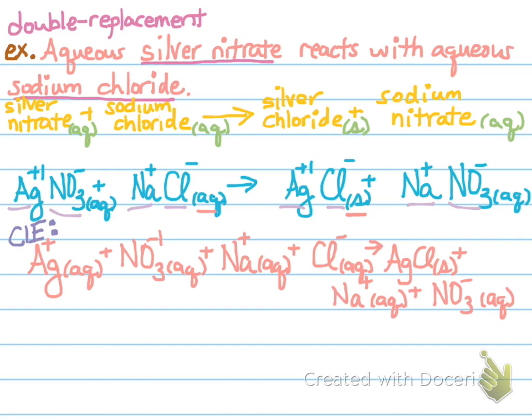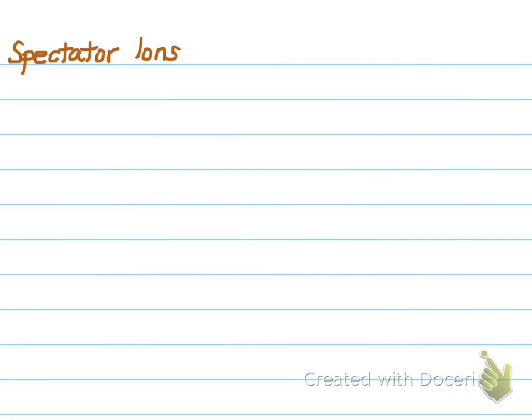All right, well, what do we do with this complete ionic equation? Because remember, the title of this section is we want a net ionic equation. So what's our next step? Our next step after we have our complete ionic equation is we're going to identify who the spectator ions are. Now, think about what a spectator is at a game.